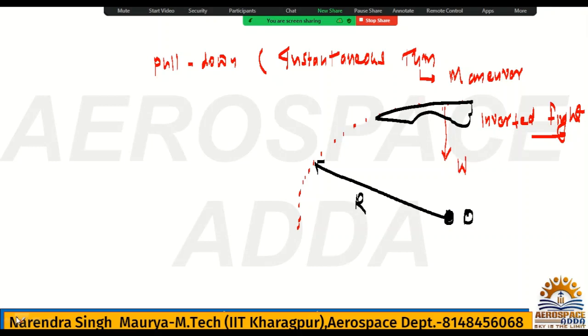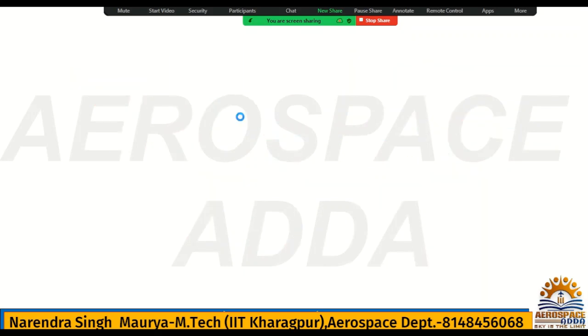So what will be the lift? At that time lift will also be in the downward direction. Yes or no? Because instantaneous means for a very short period of time, if the time period is zero, then theta will be zero. Here also you can mention it because it is instantaneous.